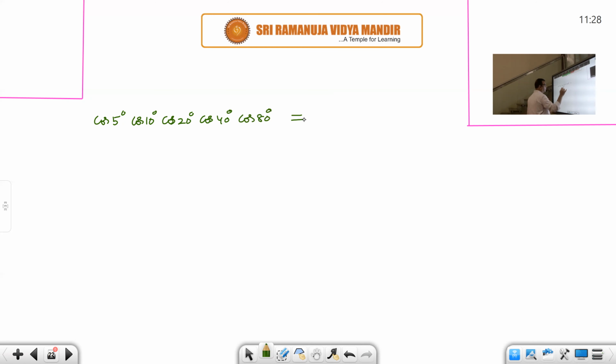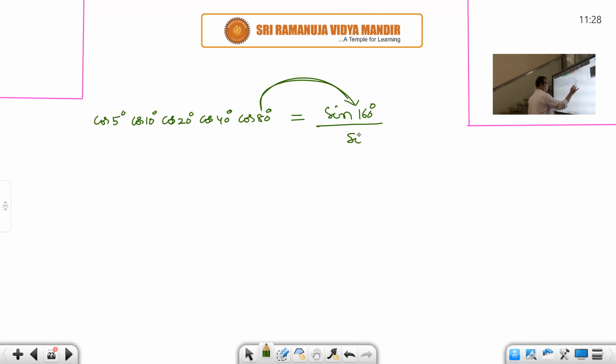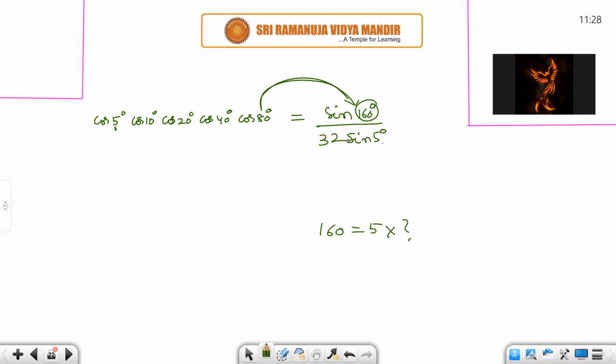Is equal to, suppose, then what happens? Sine of the double angle, 160, sir, by sine of the initial angle, 5. Out of 160, if you take 5, what is the remaining factor? 160 is equal to 5 into 32, so 32 will come out.